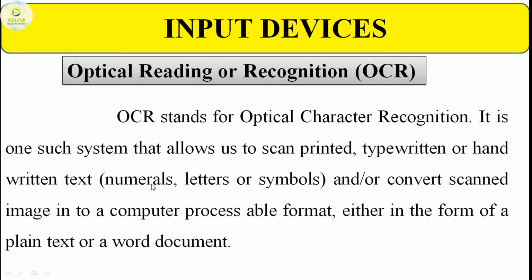With OCR you can even scan numerical letters or symbols, and these can be converted into images that can be processed by the computer. It can be converted into plain text that can be edited, or a Word document where you can make changes later on. So it's a very revolutionary way of getting things done.